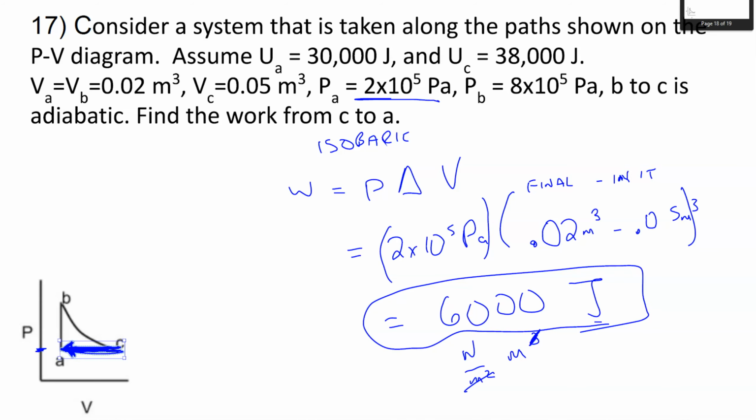Okay, and since this comes up negative, then I should have a negative right there, and that negative means that I have to do work to compress the cylinder back so that it can do this thing again.